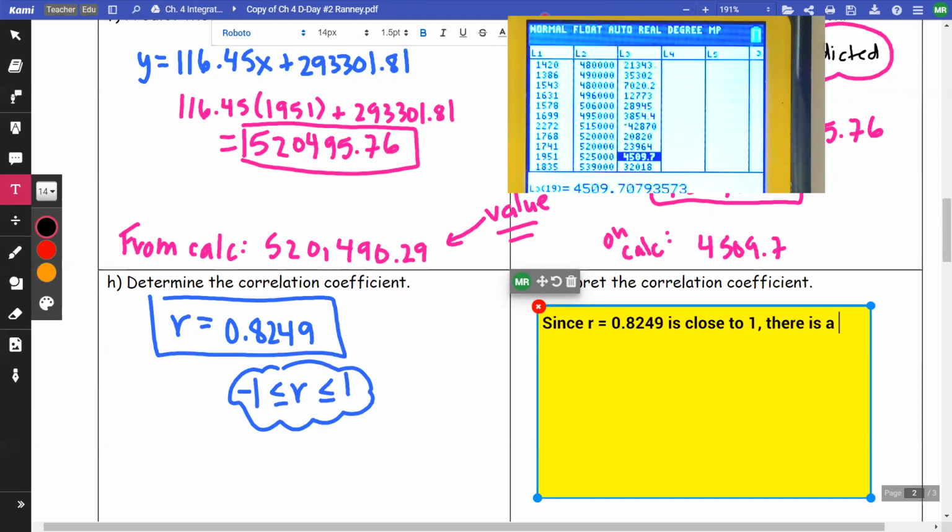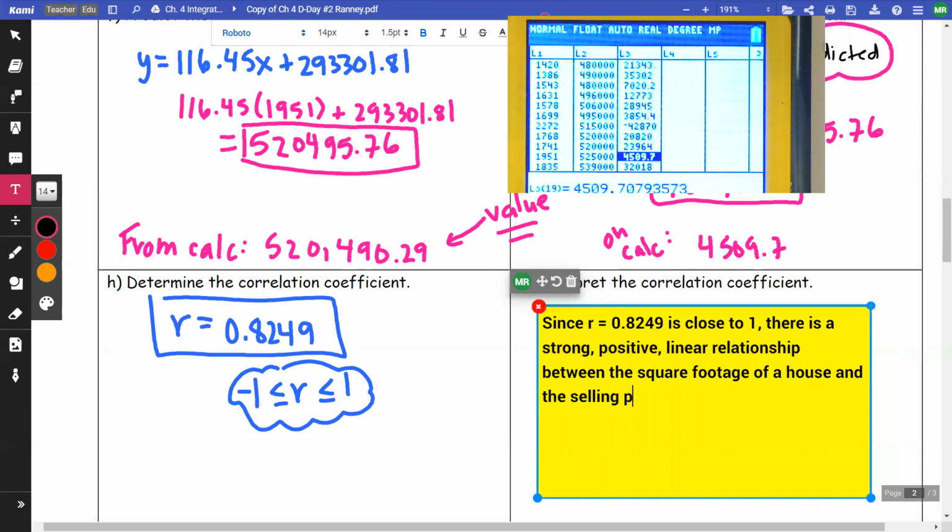There is a strong positive linear relationship between the square footage of a house and the selling price.